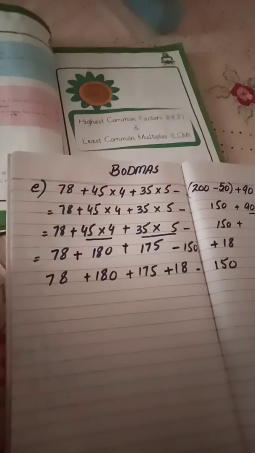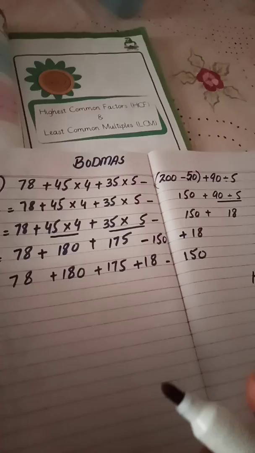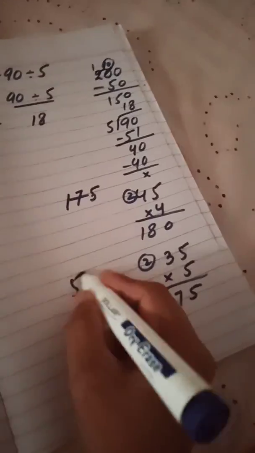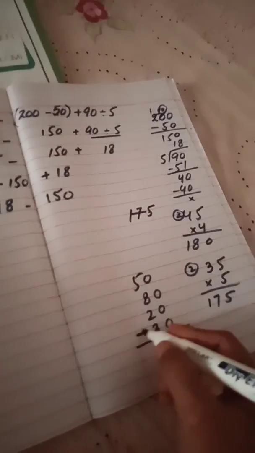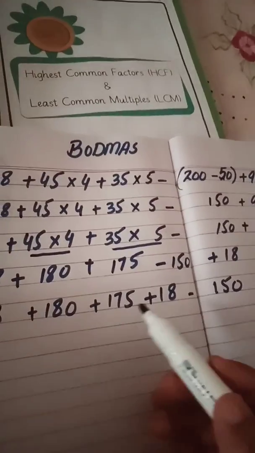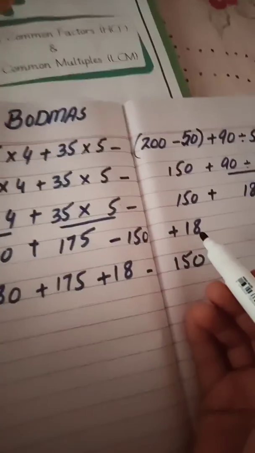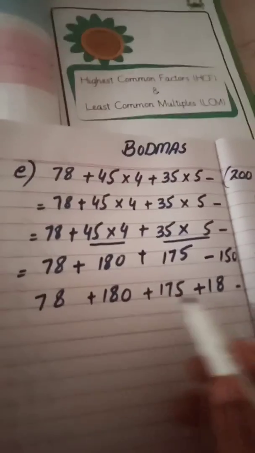Students, you know that when we have been given addition questions with a lot of numbers, we will solve them together. For example, if I give you 50, 80, 20, 30 and tell you to solve the sum of this, you will solve together. Okay? Same like this, we have four numbers. I will take this addition with these numbers so that I will solve it together.